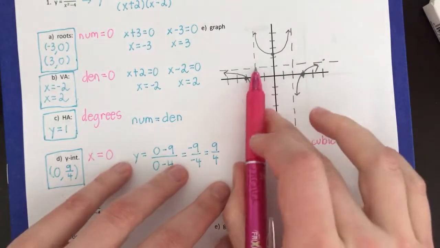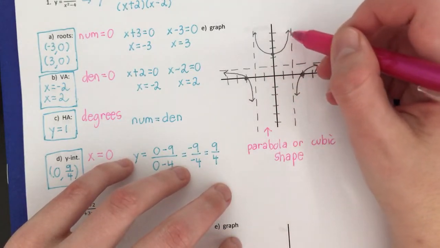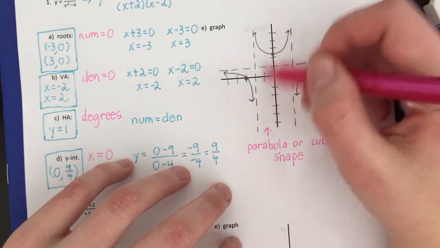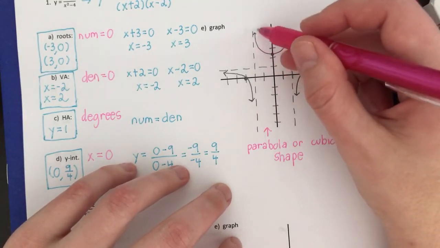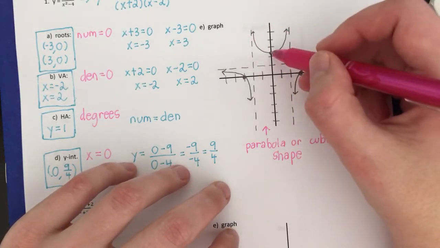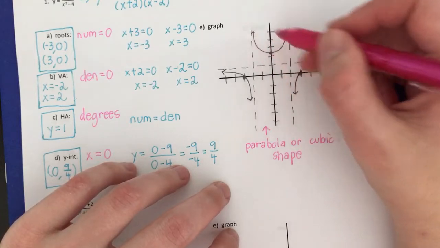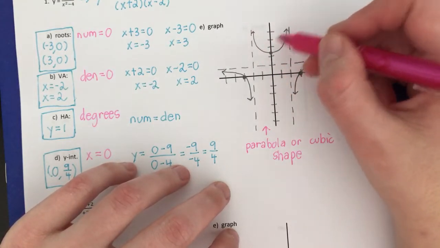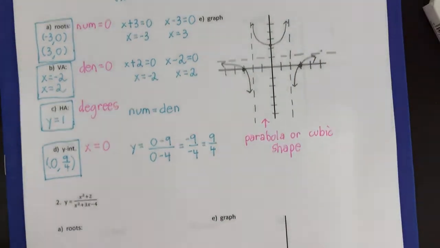Okay, if there wasn't a horizontal asymptote, then we might have like a cubic that hugs both asymptotes, the rightmost and the leftmost. But in this case, we can't go past this, so we know we're going to have our parabola shape where my graph can't go down, obviously, because then again, I would cut through this asymptote. So it's got to look like this, and arrows hugging, curves hugging asymptotes on either side.